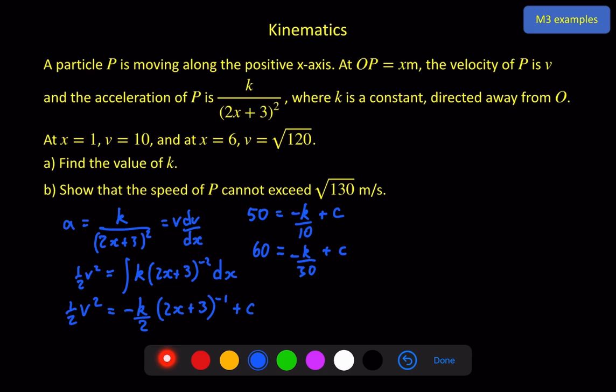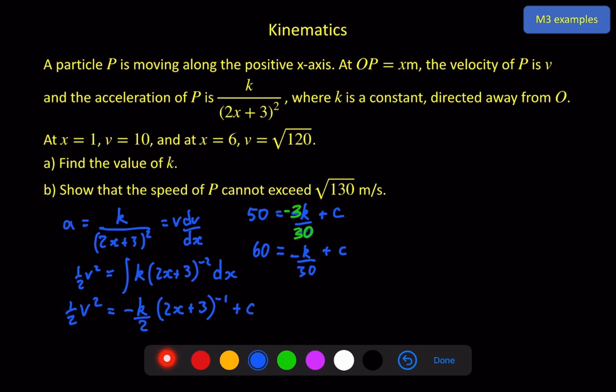To combine these, I'm going to change this into a minus 3k over 30, and then I can subtract this equation to eliminate the c.